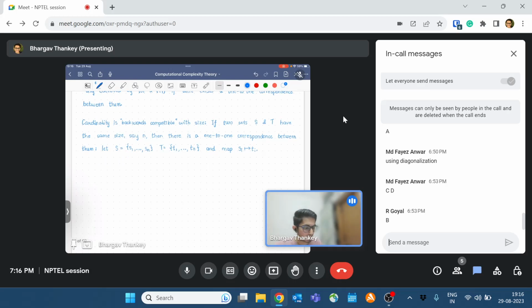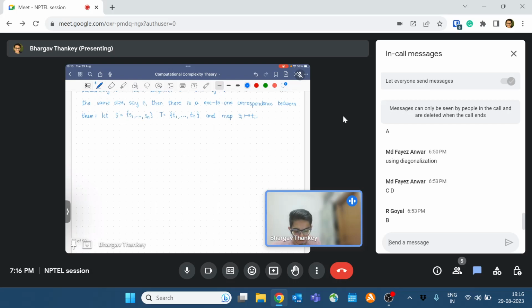Okay. So now that we have this definition of cardinality, let me get to the claim that I want to prove. The cardinality of N is not the same as the cardinality of the set 0, 1.